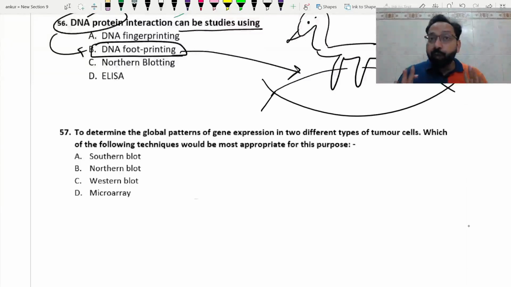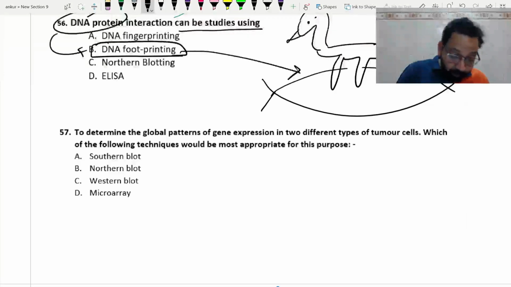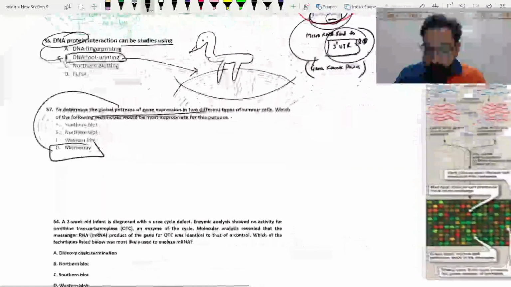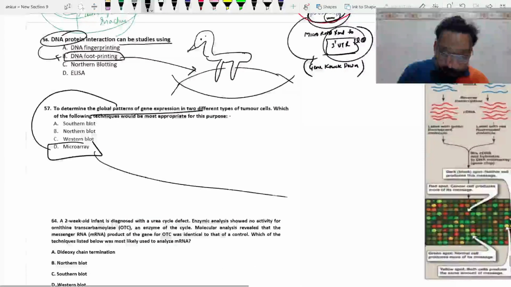But whenever you find, yes, multiple mutations, comparing gene expression in two different cells, wherever you find the words global pattern of gene expression, you will find the answer microarray. Sorry for that. Microarray. Global pattern of gene expression. Yes, diagnosis. Yes, technique is microarray.